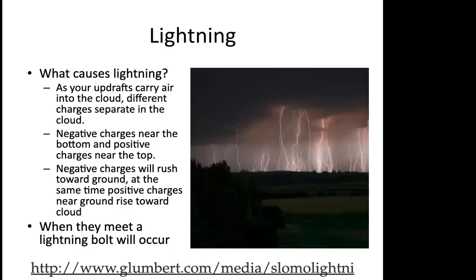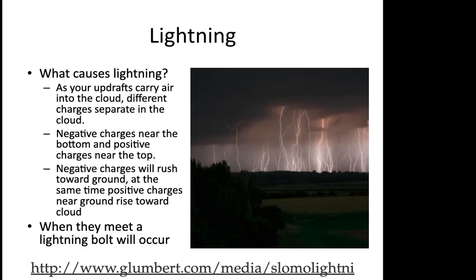The next thing we're going to talk about is lightning. So what actually causes lightning? As your updrafts carry air into the cloud, different charges separate in the cloud. When we're talking about charges, that's what we see when the lightning is striking. There's negative charges near the bottom and positive charges near the top.